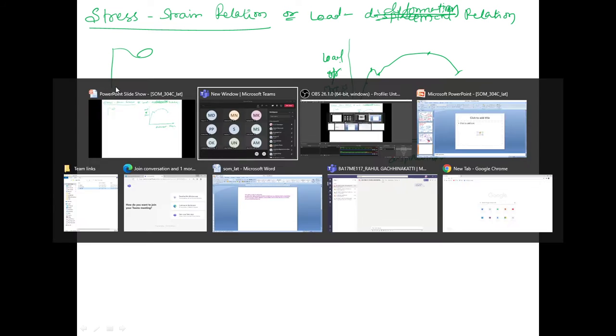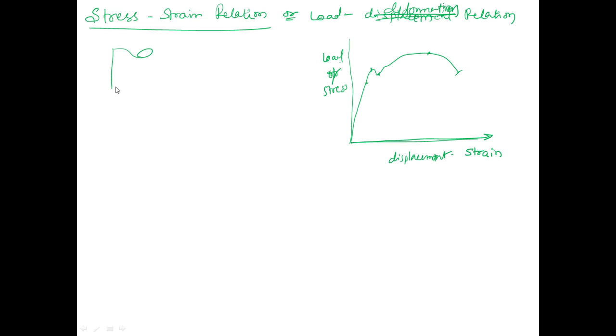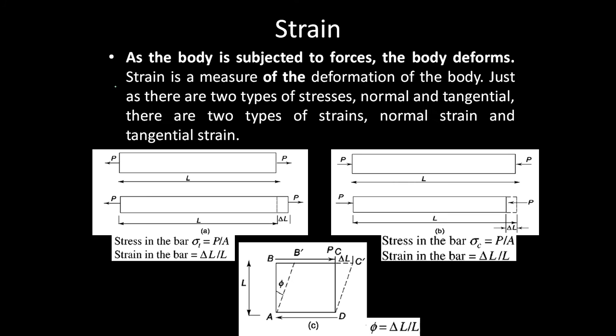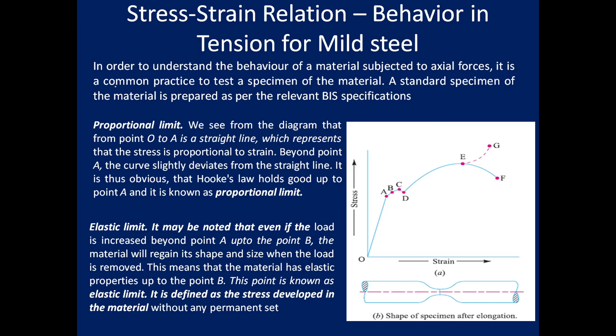I hope I have some slides. Let us see whether it's there. Okay, so this is the stress strain relation, the behavior in tension for mild steel. Right, now you need to prepare a specimen.